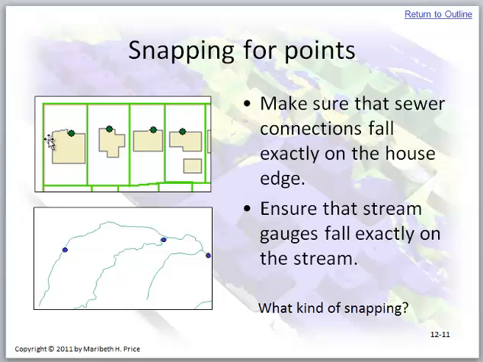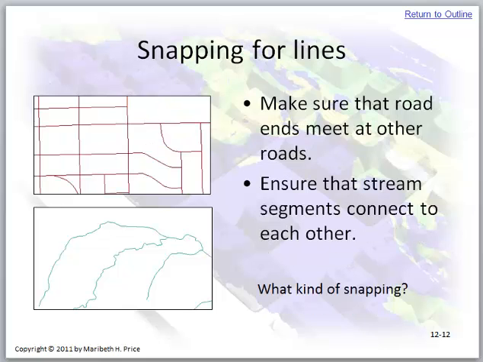In snapping for points, we can make sure that the sewer connections fall exactly on the house edge, or ensure that stream gauges fall exactly on the stream. Snapping for lines, make sure that road ends meet at other roads, and ensure that stream segments connect to each other so we don't have a stream that technically connects but looks like it doesn't.